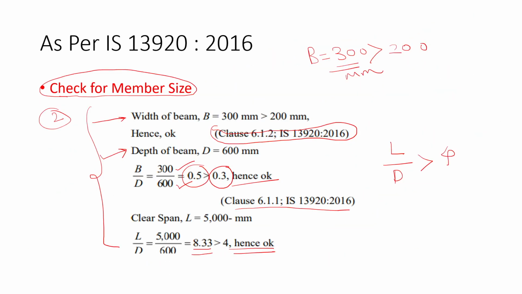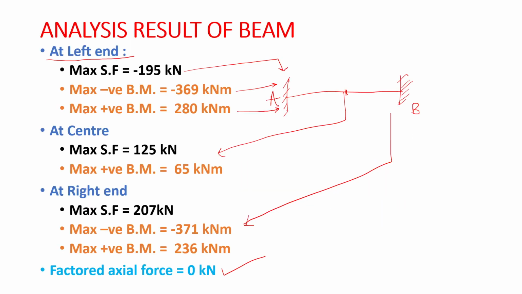Let me go back. Here you can see, if you consider a beam, you will get the maximum negative bending moment, positive bending moment at the left end, positive bending moment at the center, negative bending moment, and positive bending moment at the right end. I will show you only for this particular one, and you can do the remaining the same way.